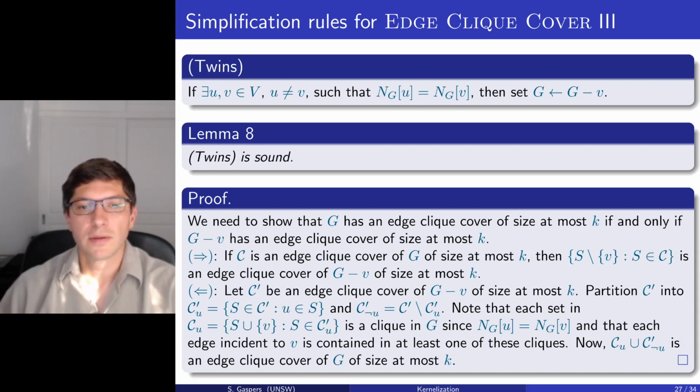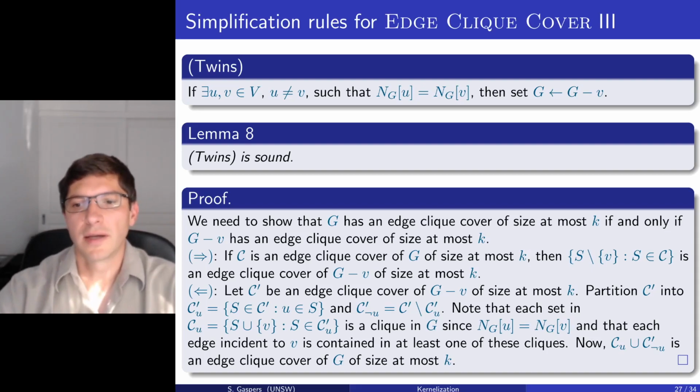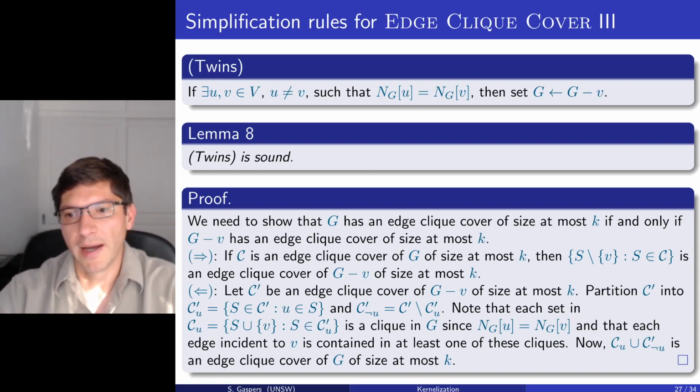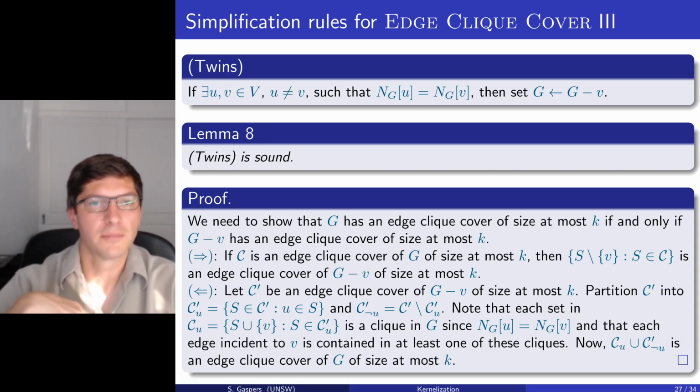When we add V to those cliques that contain U, this will again give us a clique, since the neighborhood of U and the closed neighborhood of V in G are the same. And so the set C' union C'' minus U is an edge clique cover of G of size at most k.